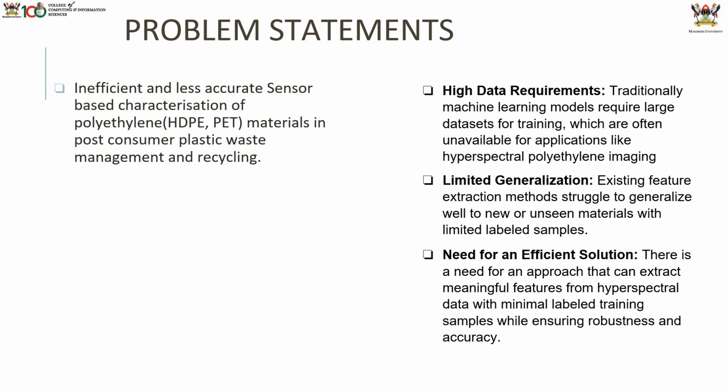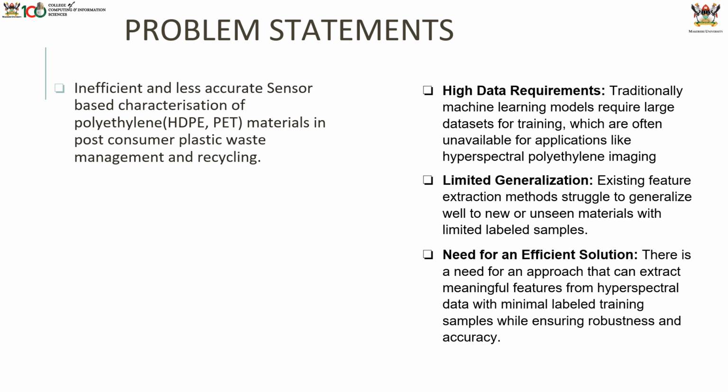For the computation problem, we have high data requirements. Like we've said, traditional machine learning and deep learning models require very big data sets to be able to learn. This kind of data is unavailable, and it's costly and also time consuming, most especially for hyperspectral images.